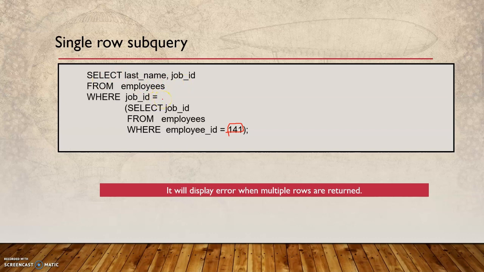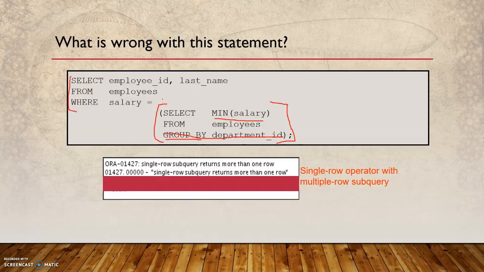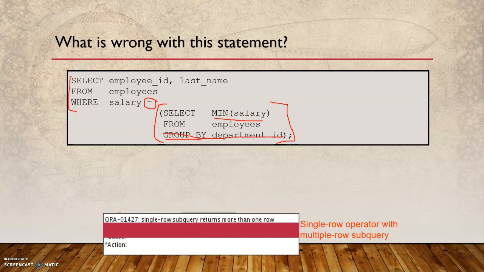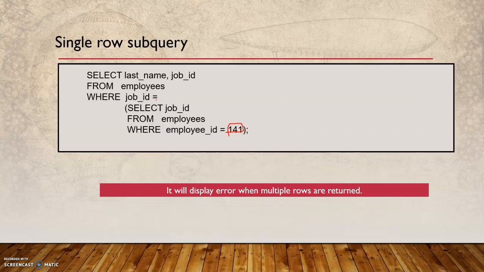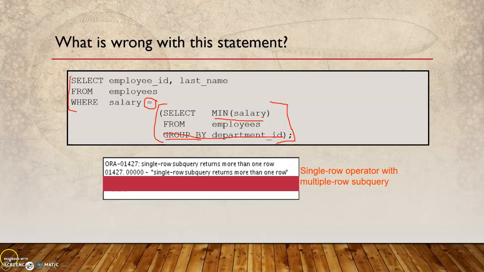So the point is just a repeat: whenever you have multiple rows and you have an equals operator over here, you get the error message that the single row subquery returns more than one row. So that's about subqueries. We'll continue further. Stay tuned. Thank you.